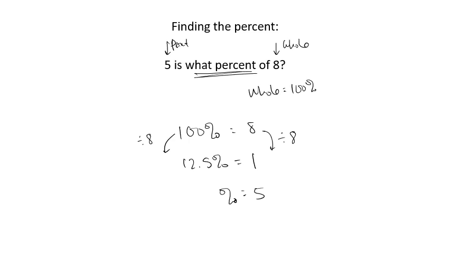So it's a half. It's not the worst thing, but it's not really feasible to go through all these problems and not have a decimal here or there. So we've got 12.5% is 1, and so now if we multiply by 5, we multiply this by 5, and so we get 62.5%.